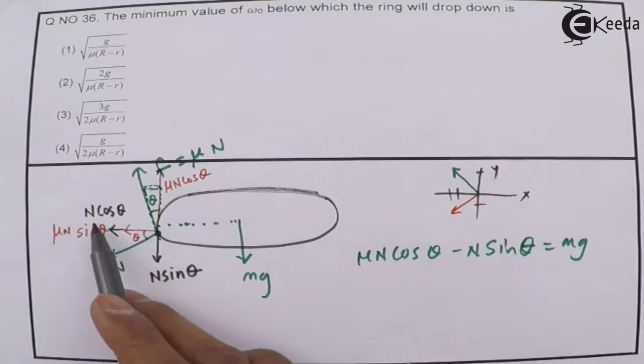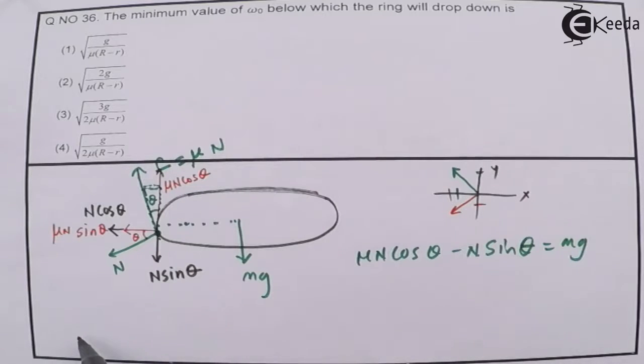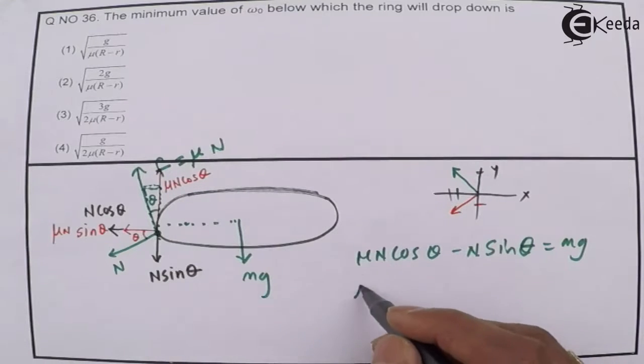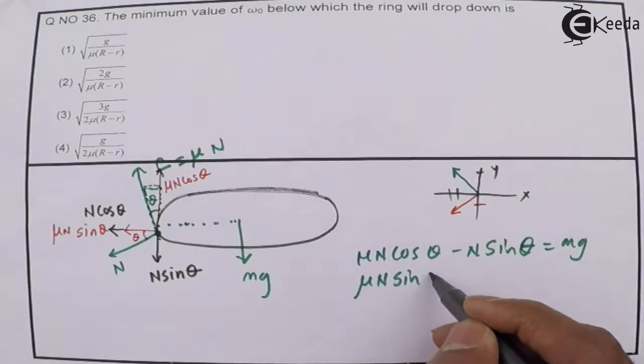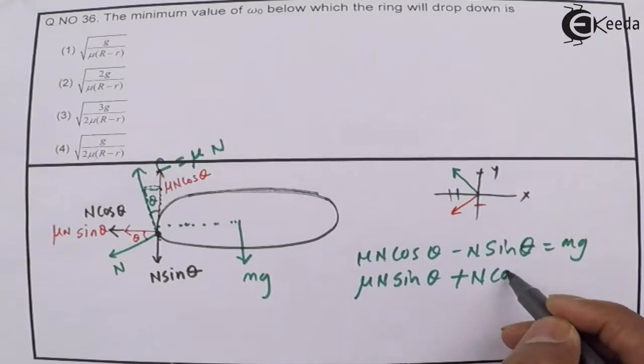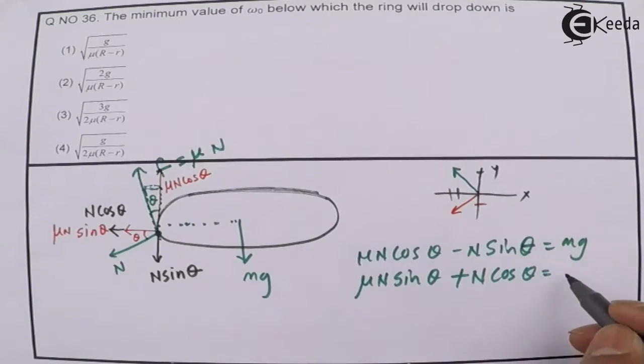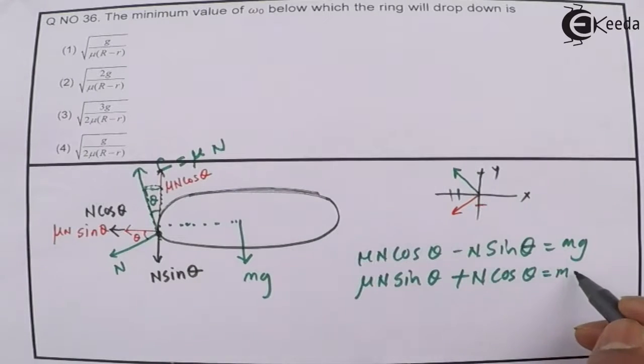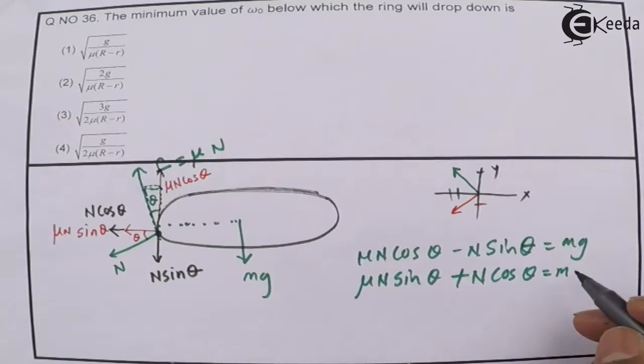Similarly, the sum of these two will provide the centripetal force, that is mu n sin theta plus n cos theta provides you centripetal force, that is m v square by r, or m omega square r. That omega is your omega naught square, r is R minus r.